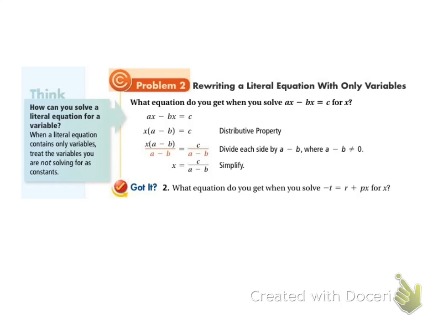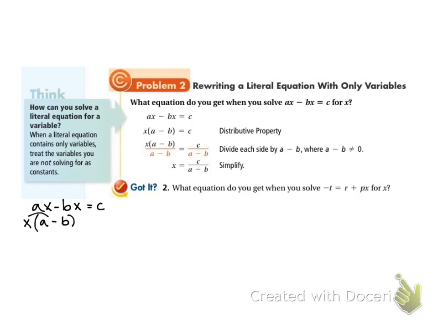Okay, we can also rearrange equations when we don't have any numbers involved at all, when it's all letters. So if I do their problem, ax minus bx equals c. Okay, pay attention to this one. This one is going to show up later, and it's a little bit tricky. We're going to undistribute. So I'm going to pull the x out front, and I'm left with a minus b.